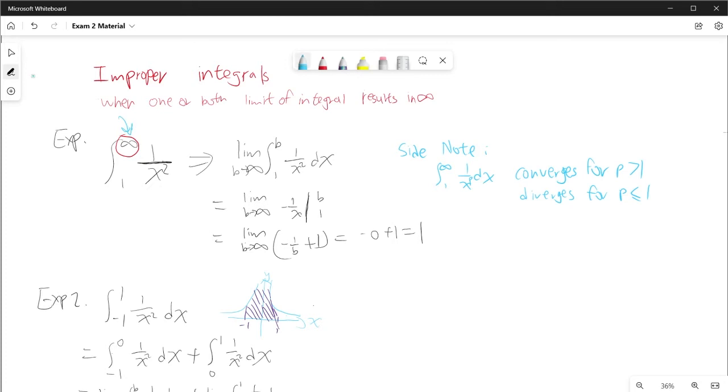For example, for number 2, we have limits from -1 to 1, and that range is defined. But if you look at the shape of this function, the middle part approaching 0 from both sides is approaching infinity, and that's something that you might need to use improper integrals for.